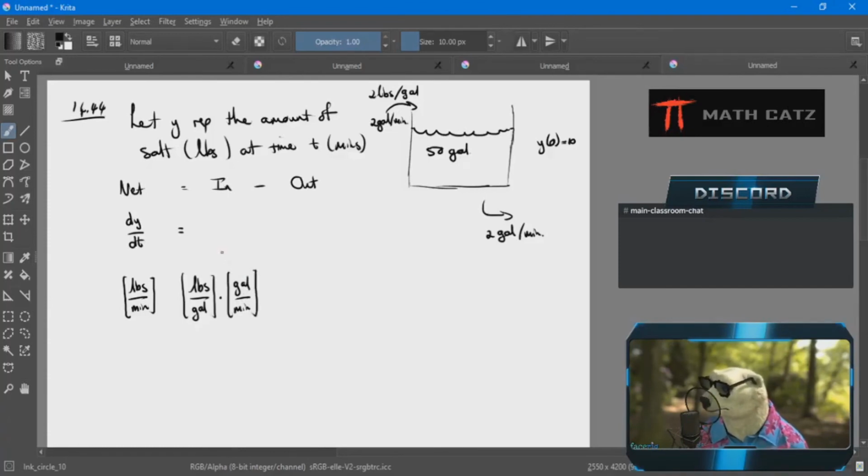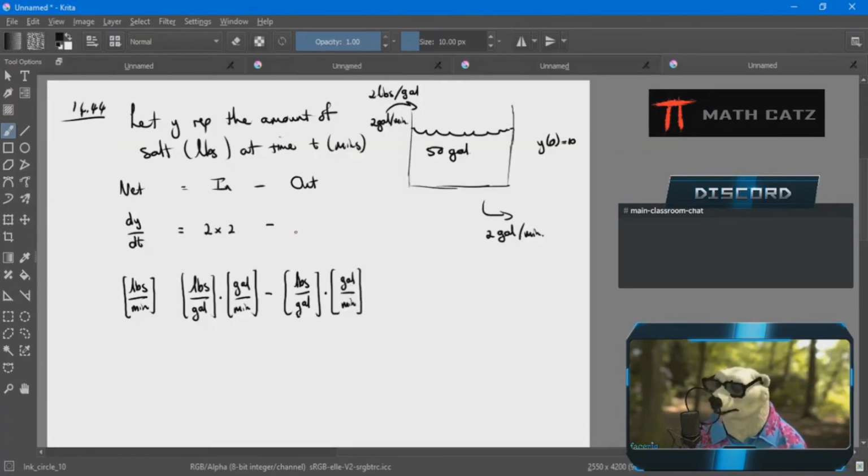So therefore, 2 times 2 pounds per minute, minus what goes out. I need the pounds per gallon, and then I multiply that by the 2 gallons per minute.